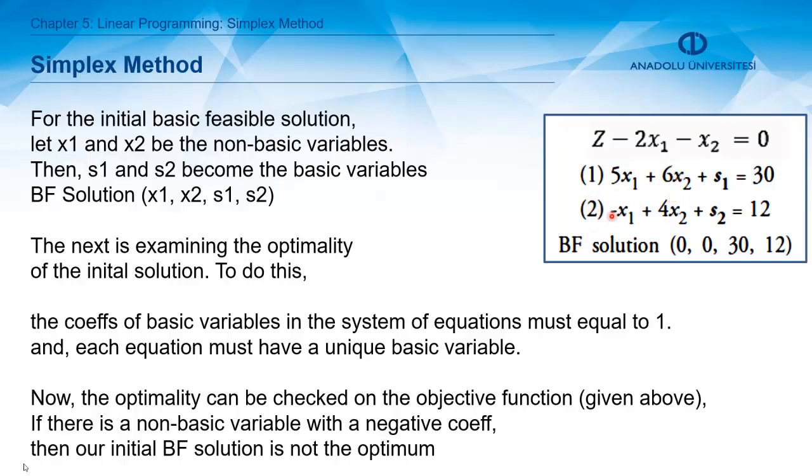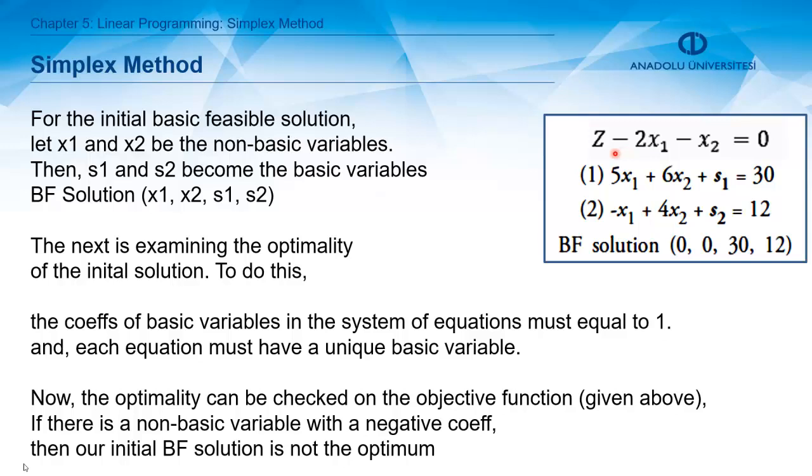We look at these equations and we see that each equation has a unique basic variable with a coefficient of 1. The other condition is that the equations must have a unique basic variable. So this condition is also met. That means we can check the optimality out of this system of equations.